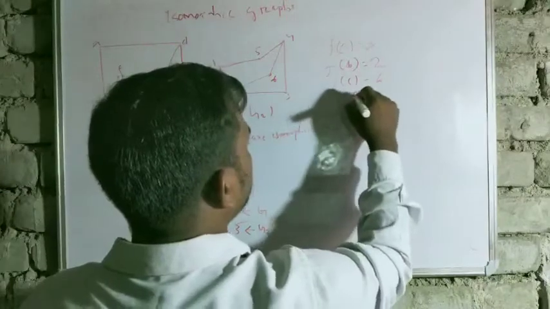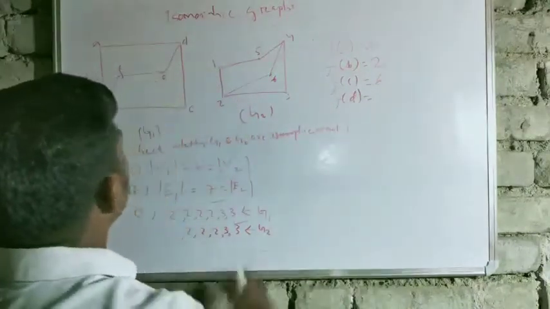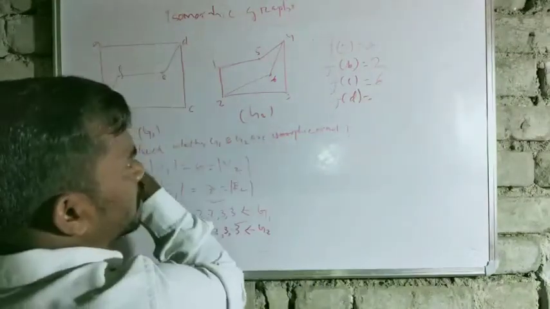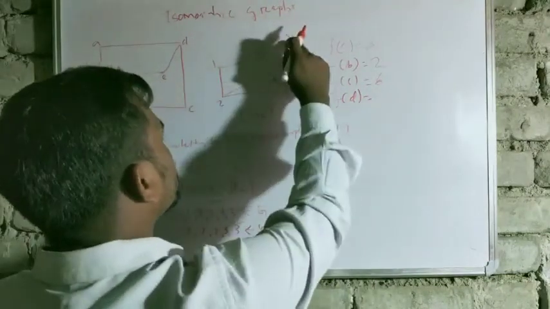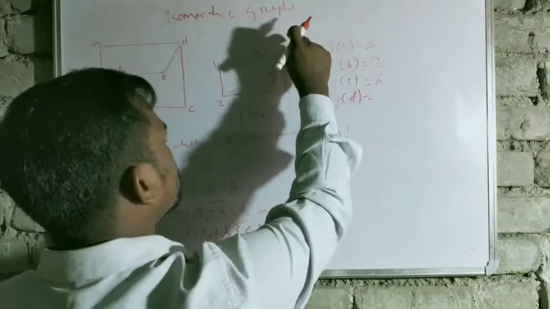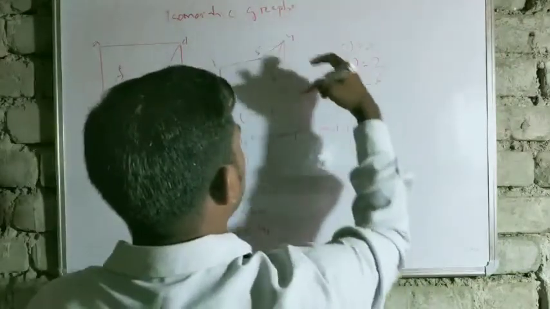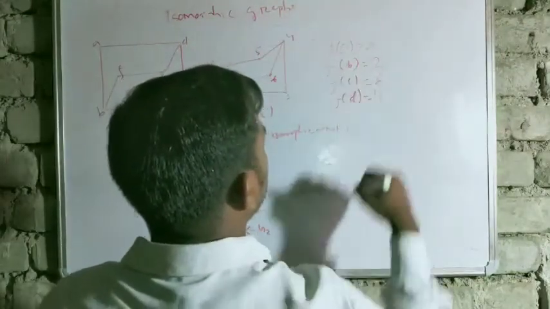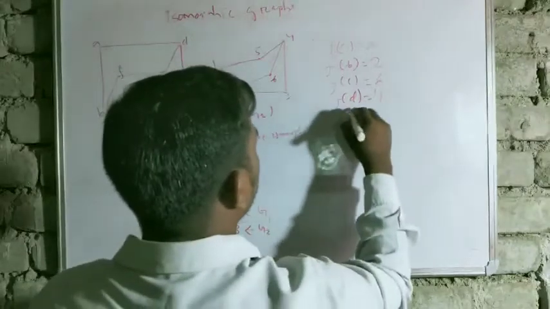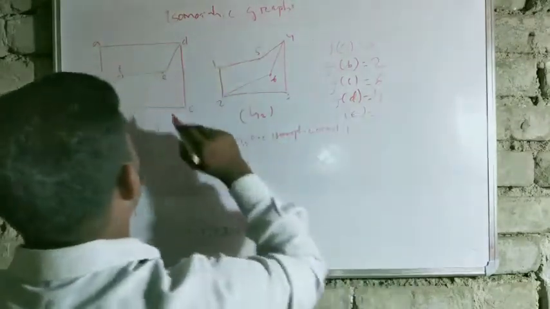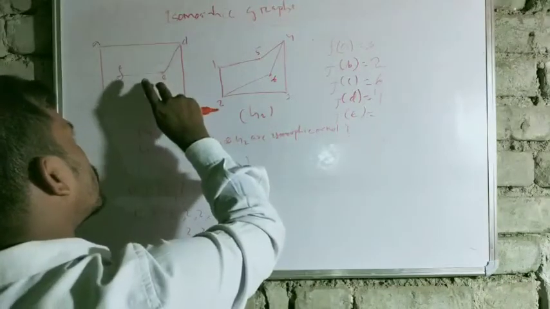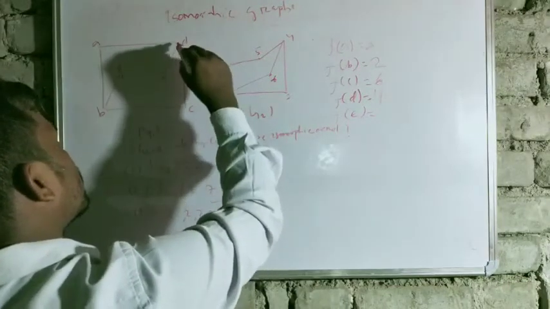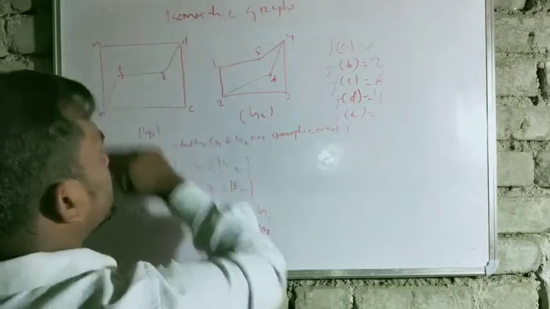Now what is f of D? D is a vertex of degree 3. We have already taken one vertex of degree 3. Now let's take it as 4, because 4 is another vertex of degree 3. Now what is f of E? F of E is a vertex of degree 2 and its adjacent vertices are of degree 3 and 2.